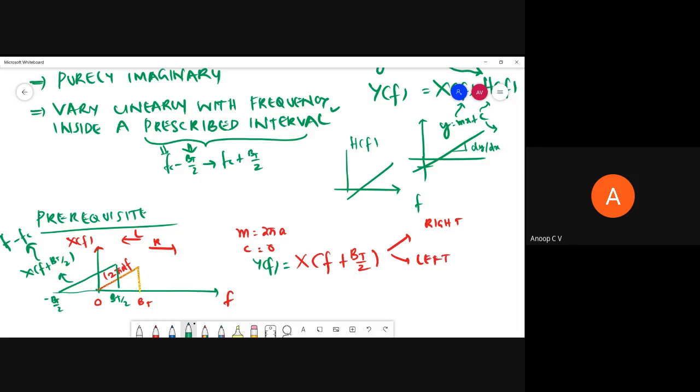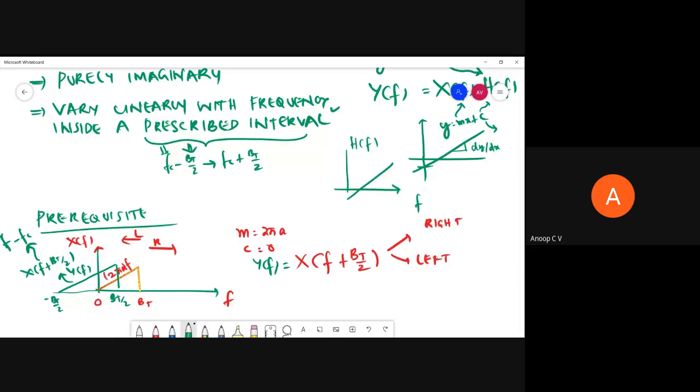Y of f is equal to x of f plus bt by 2, whatever I have drawn with green color. Is that clear? It will be shifted left. Why? Because for x of f plus bt by 2, whatever should happen at argument equal to 0 will happen at f plus bt by 2 equal to 0, or at f equal to minus bt by 2. So that's how you have to find.